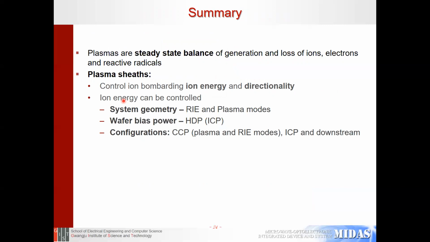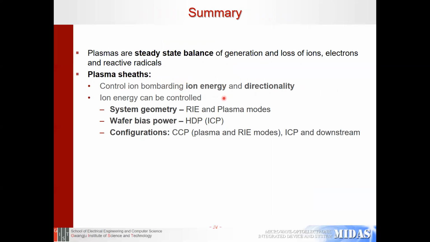Let's conclude. Plasmas are the steady state balance between the generation and loss of ions, electrons, and the reactive radicals. And we have the plasma sheath that controls ion bombardment, ion energy, and ion directionality.